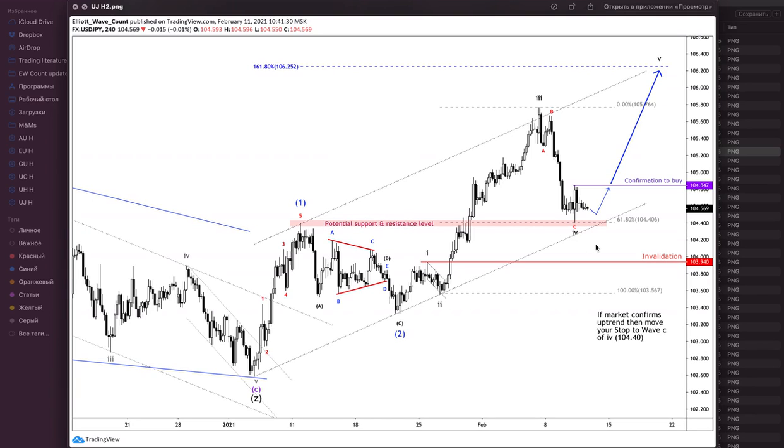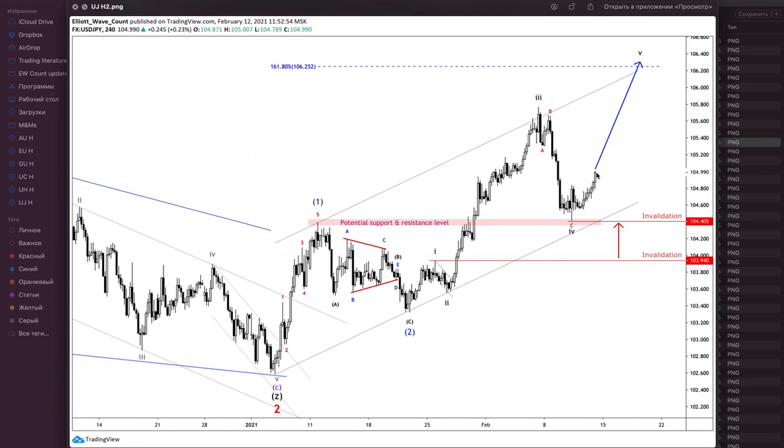Our invalidation level for wave 4 was on the top of first wave, but if market confirms uptrend, then move your stop to wave C of wave 4. So here, to reduce our risk if market reaches this confirmation. So the next day market reached this confirmation and moved up, and we move stop to the wave C and step by step to the upside every day.